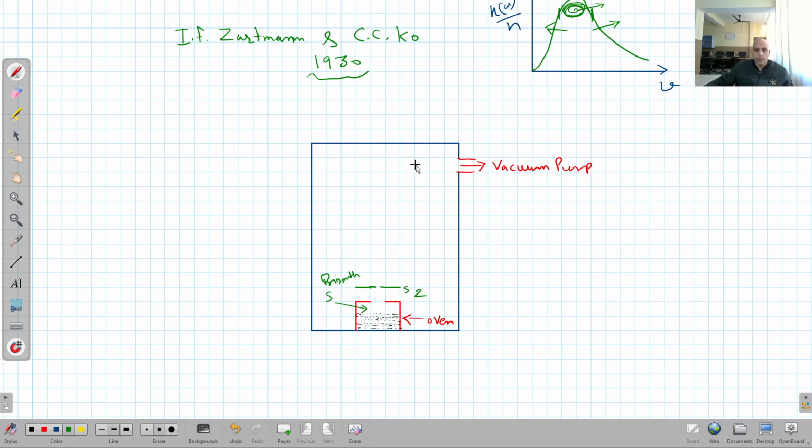And here we have a fastly rotating drum.